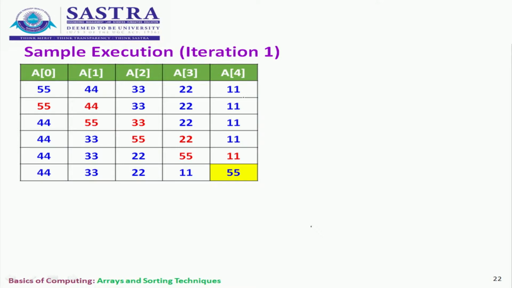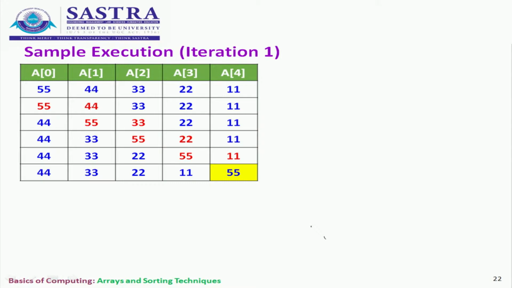Okay, so what is the first step? Once we have declared the array and read the values, here comes the procedure. We take the first element and the second element, and both have to be compared. Remember, we have to arrange this in ascending order.